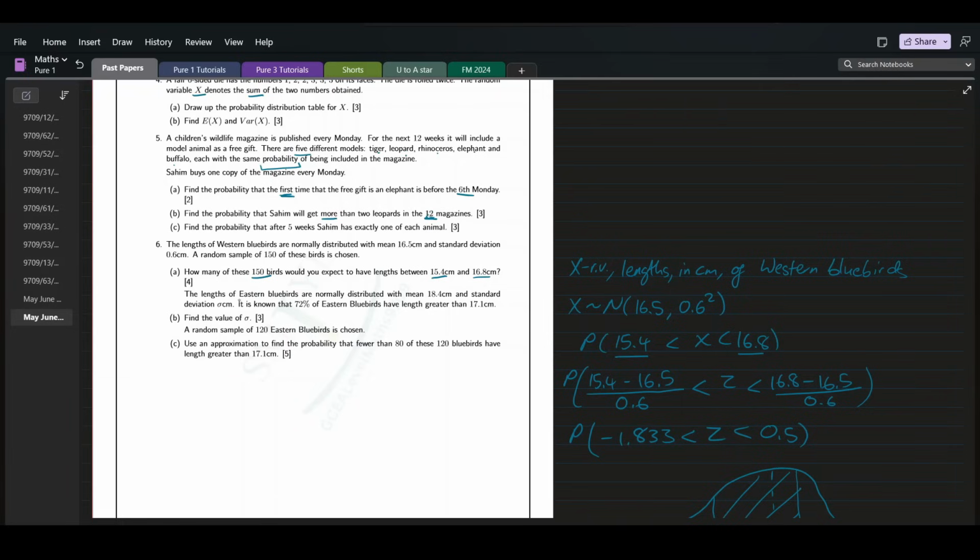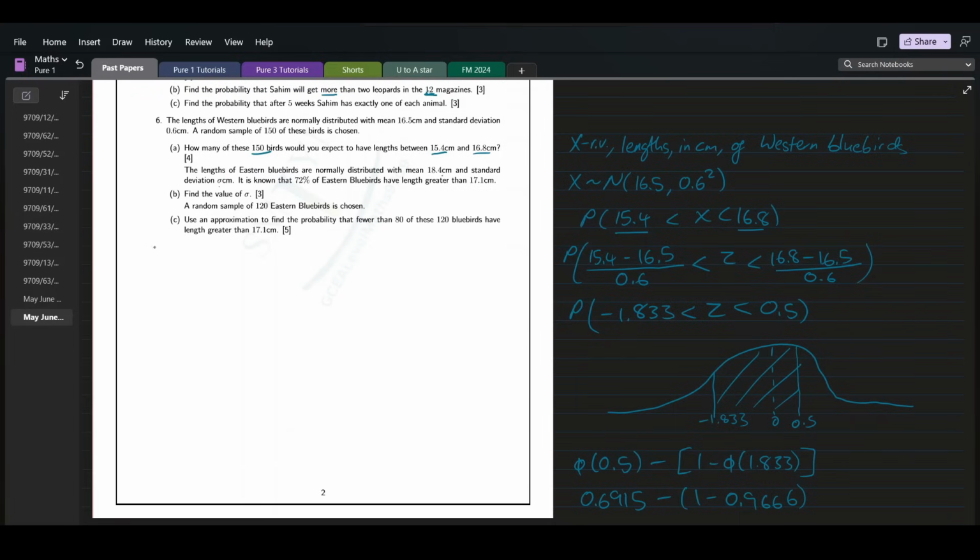Okay, so we're given that the lengths of eastern bluebirds are normally distributed with mean 18.4 centimeters and standard deviation sigma centimeters. It is known that 72% of eastern bluebirds have length greater than 17.1 centimeters. Part B, find the value of sigma.